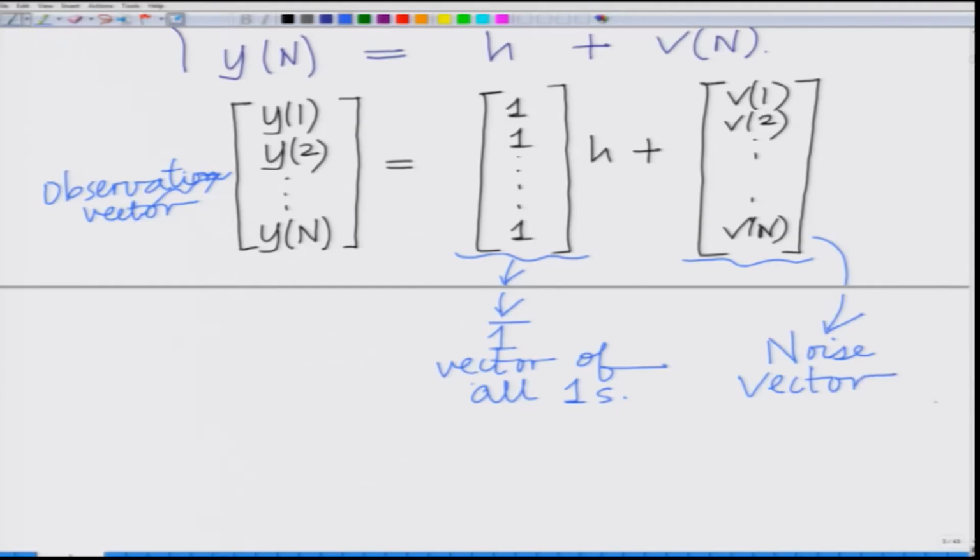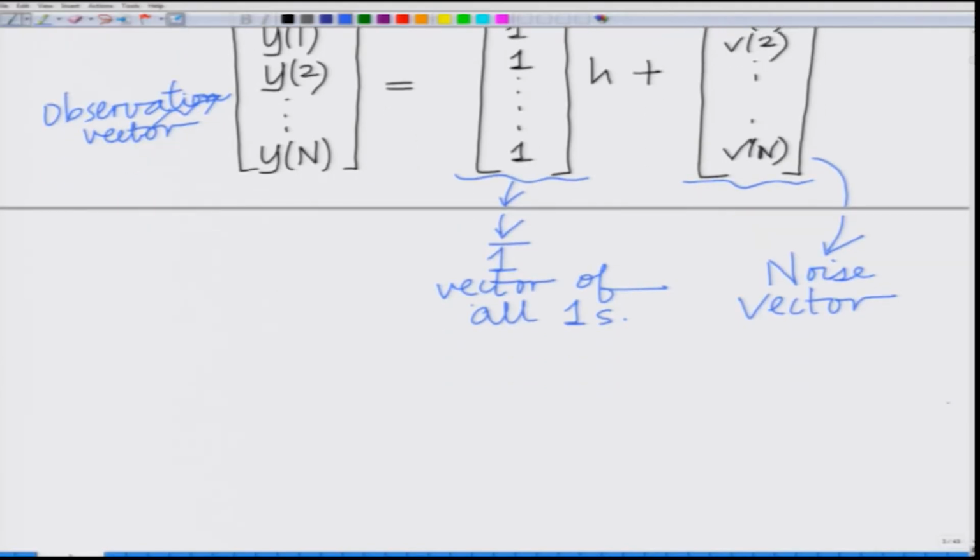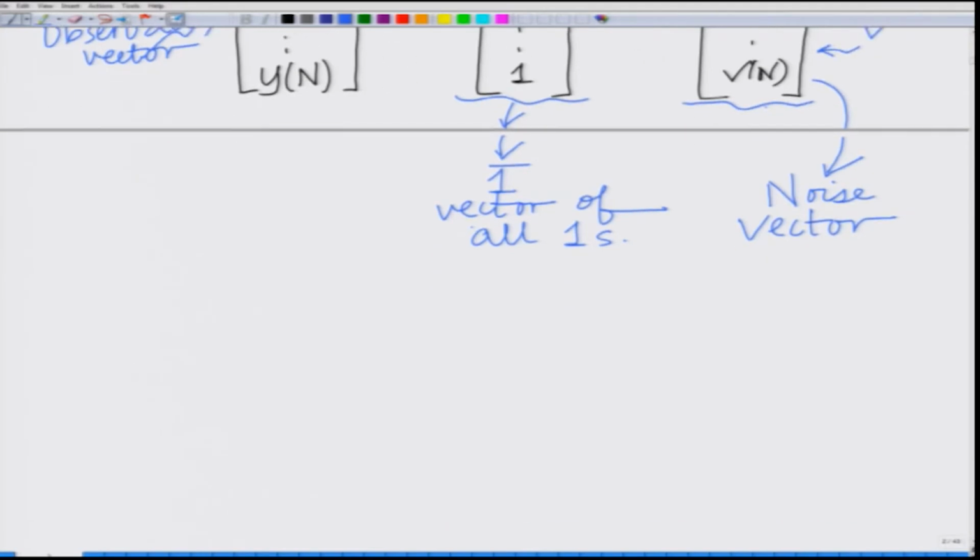Okay. That is fine. Now, let us look at this. V bar is Gaussian because the noise samples are Gaussian. Now, naturally this is your observation vector, that is Y bar. So, I can write Y bar equals 1 bar times h plus V bar.